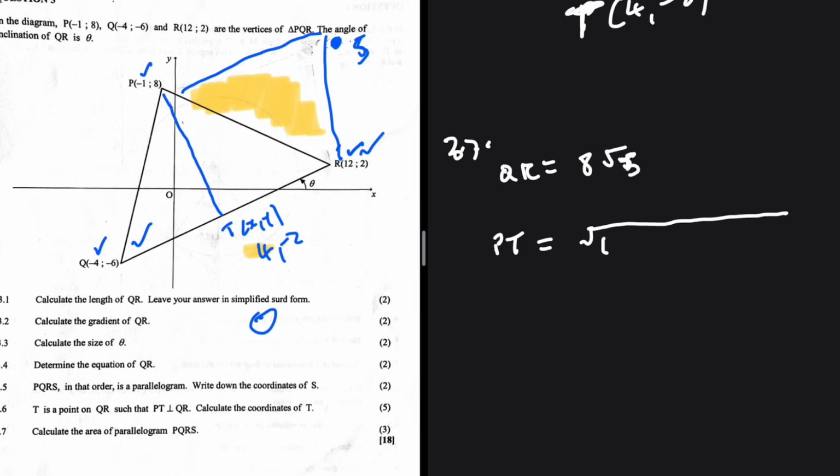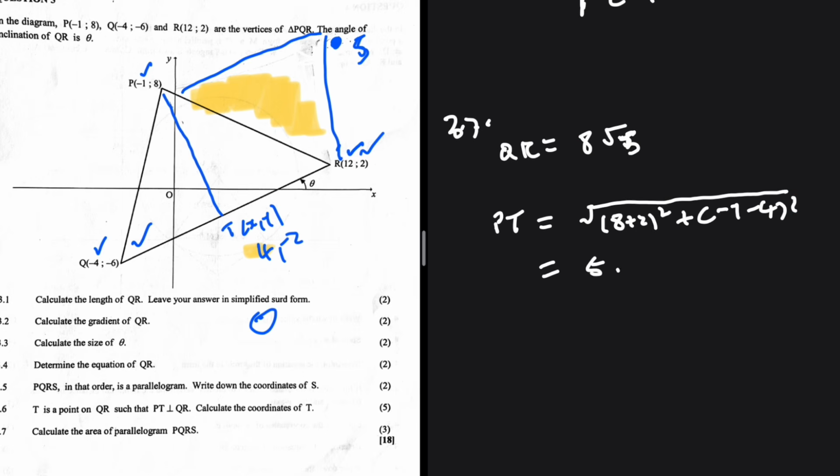Okay, so the difference in the y would be 8 plus 2, squared, right? So 8 plus 2, 8 the y value of P minus minus 2 the y value of T. Okay, that works. And then minus 1 minus 4, squared. So PT is equal to, let me put that in my calculator. The answer that I get here is 5 square root of 5. So the area, therefore, of triangle PQR will be equal to half base multiplied by height.